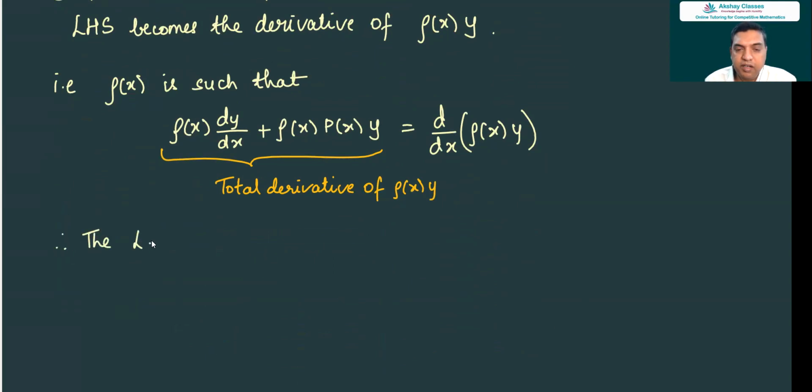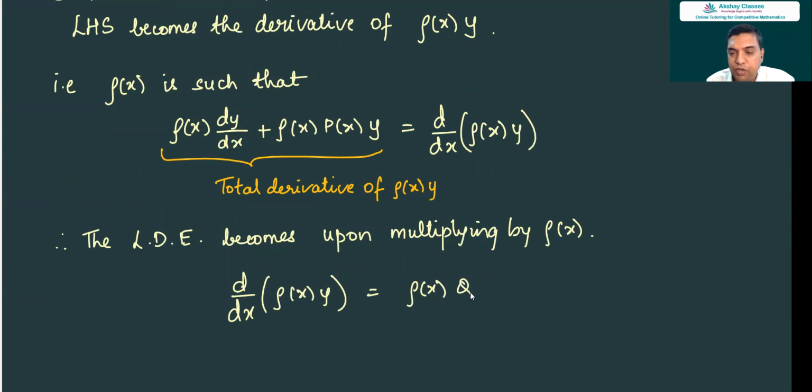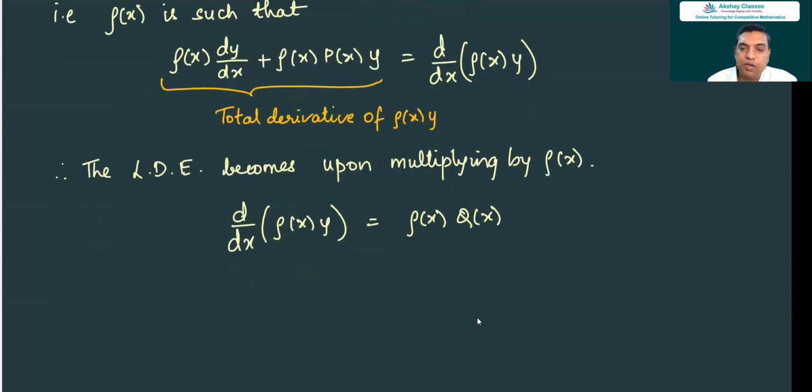Therefore, the linear differential equation, upon multiplying by rho, we get d by dx of rho of x into y on the left hand side is equal to rho of x into q of x. So now we have done separation of variables kind of thing.